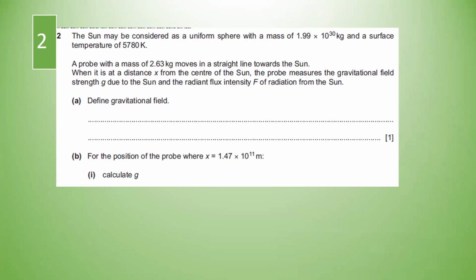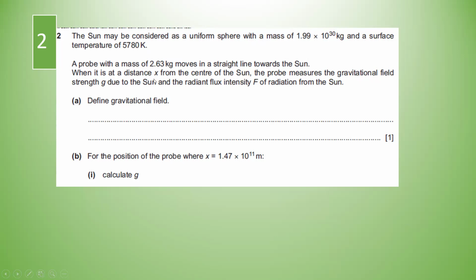The sun may be considered as a uniform sphere with a mass of 1.99 times 10 to the power 30 kilogram and a surface temperature of 5,780 Kelvin. A probe with a mass of 2.63 kilogram moves in a straight line towards the sun.